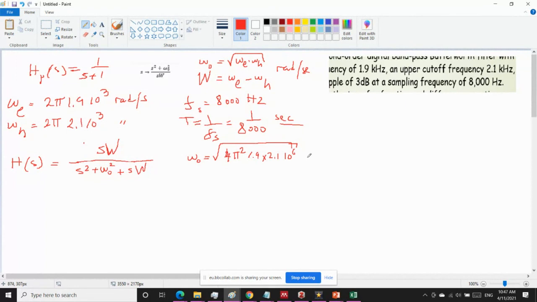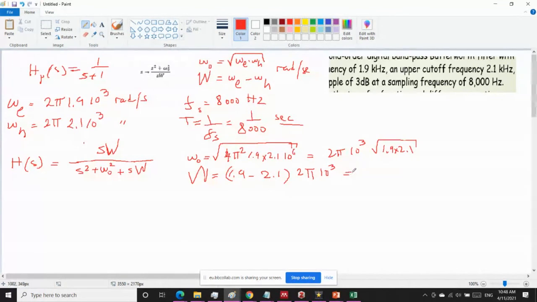So this is equal to 2 pi 10 to the power of 3 square root of 1.9 times 2.1. So you compute that. Then the W, the width, is equal to low minus high. What is low? 1.9 minus the high, 2.1, all times 2 pi 10 to the power of 3 as a common factor.